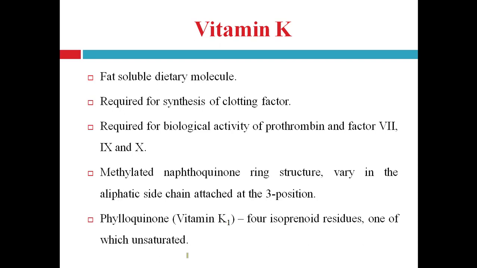Phylloquinone, also known as vitamin K1, invariably contains in its side chain 4 isoprenoid residues, one of which is an unsaturated isoprenoid residue. Generally, menaquinones are designated as MK-n, with small n.